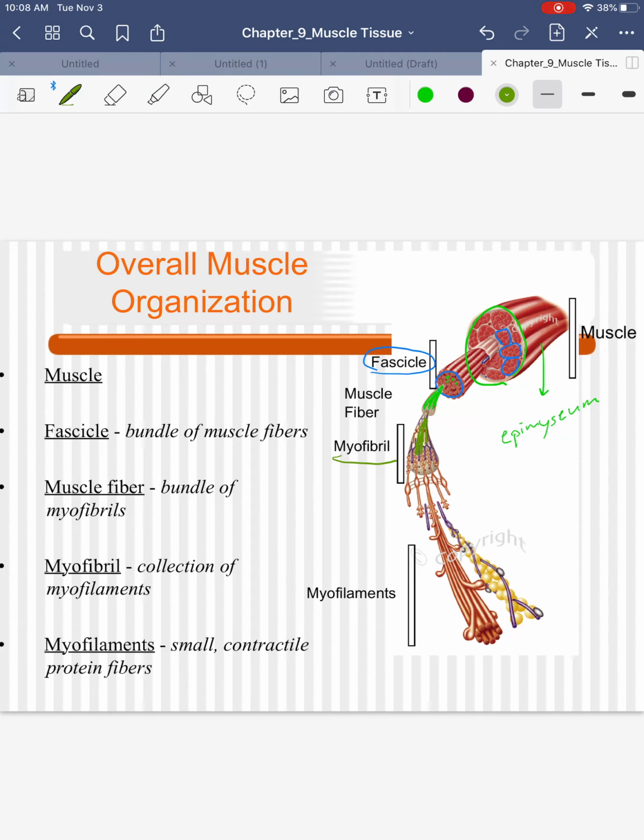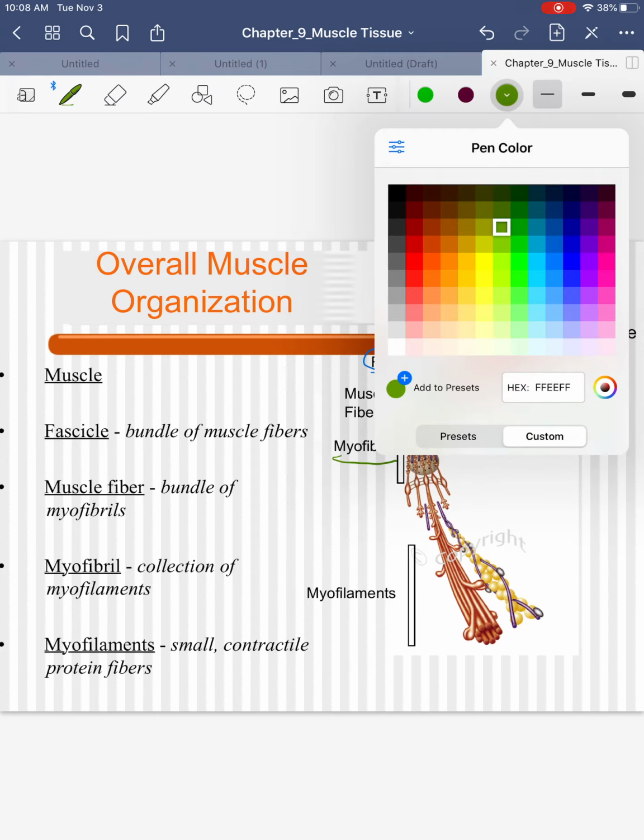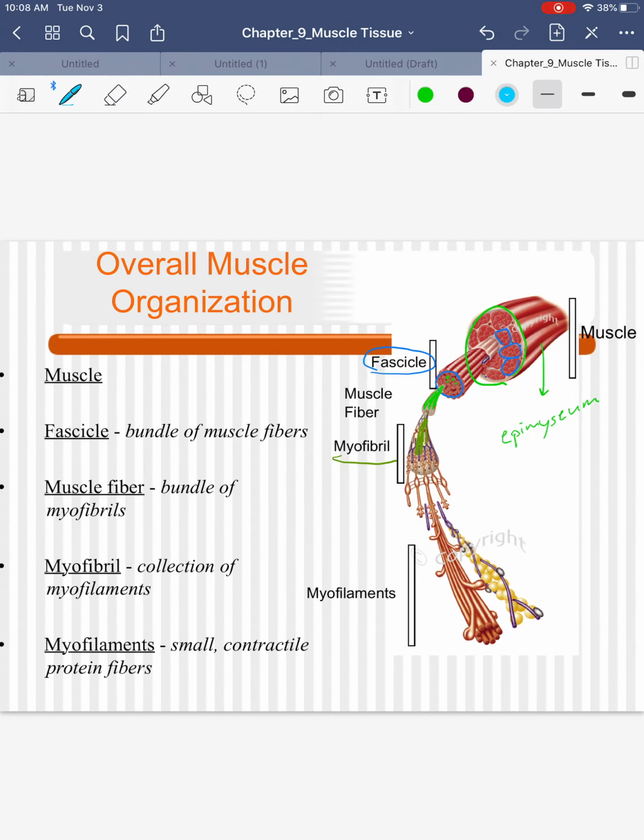And then lastly, of course, we have, let's go with blue. Lastly, we have the myofilaments. Each myofibril is made up of the smallest structural unit of muscle called the myofilaments. Okay, so from big to small, the whole muscle has these circular compartments called fascicles. Each fascicle is made up of muscle fibers.